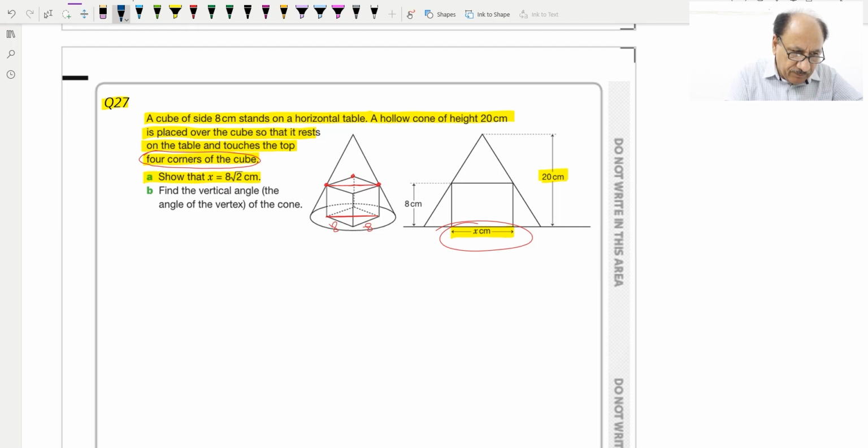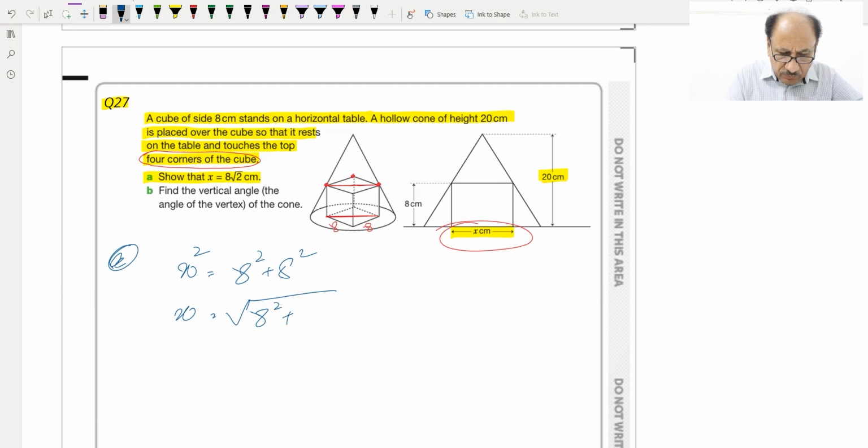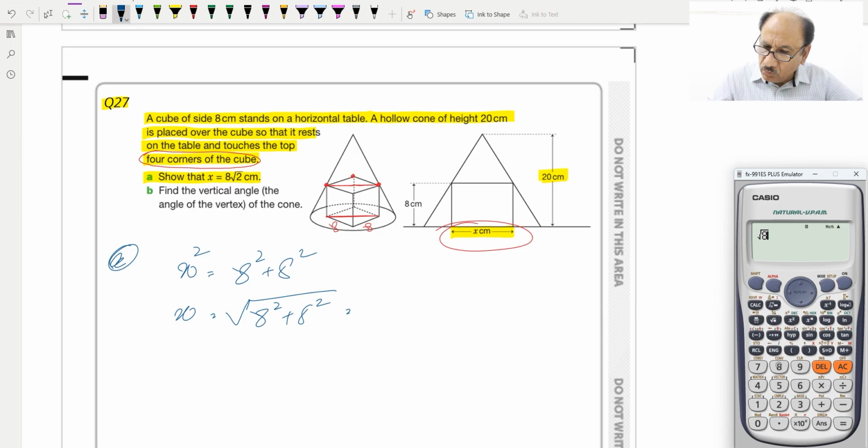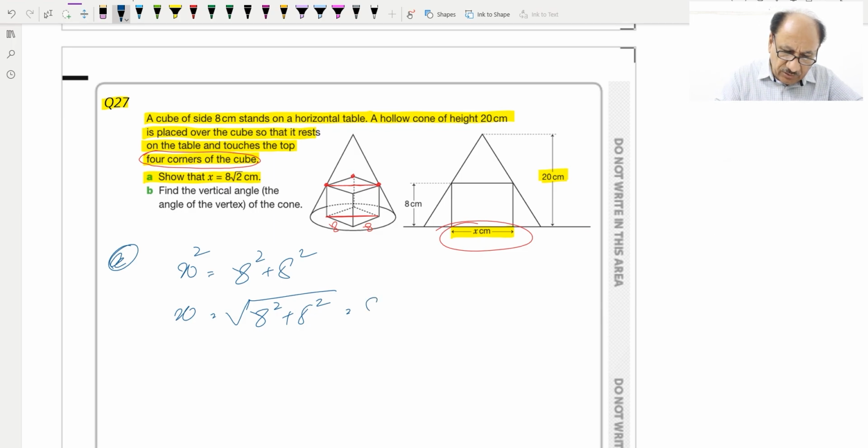We can write x square is equal to 8 square plus 8 square, so x will be equal to the square root of 8 square plus 8 square, which is 8 under root 2, which we were supposed to prove. Hence x is equal to 8 under root 2.